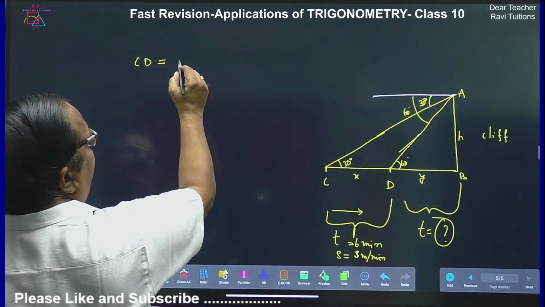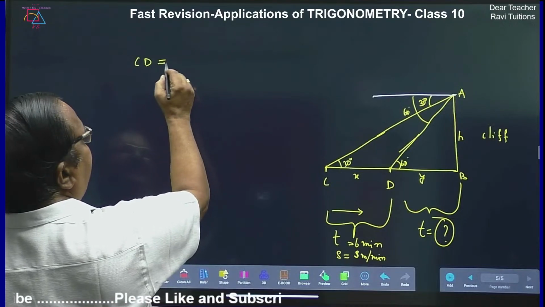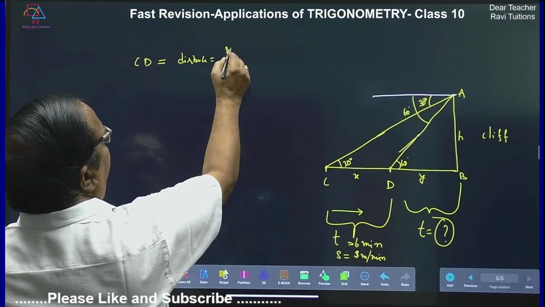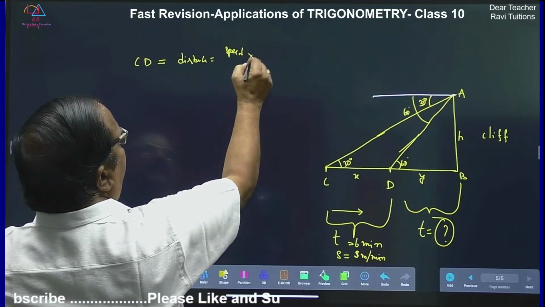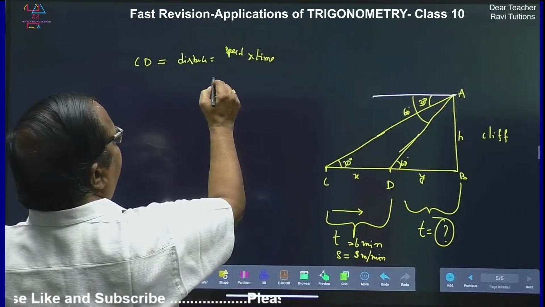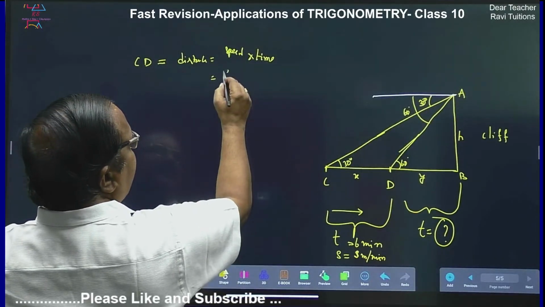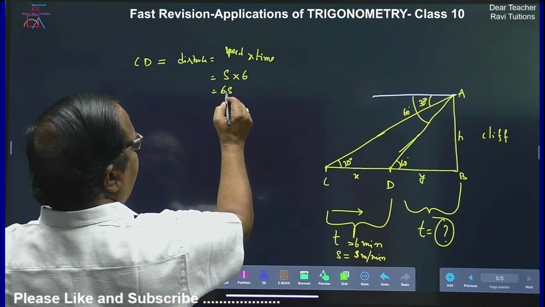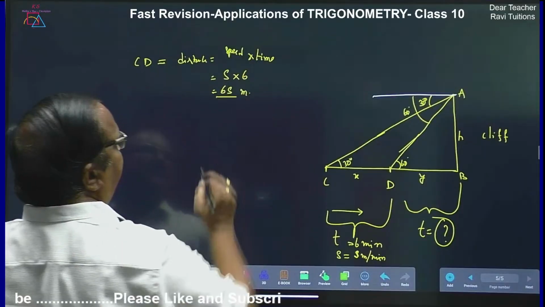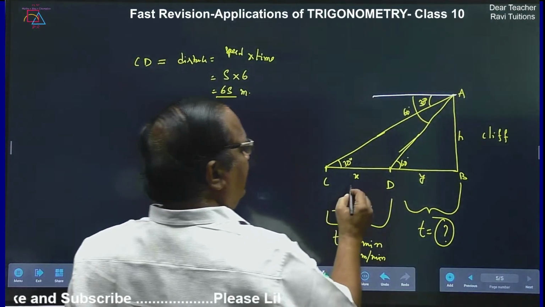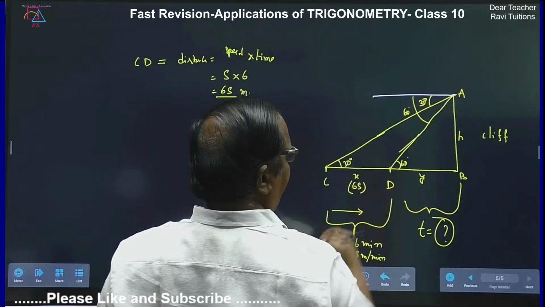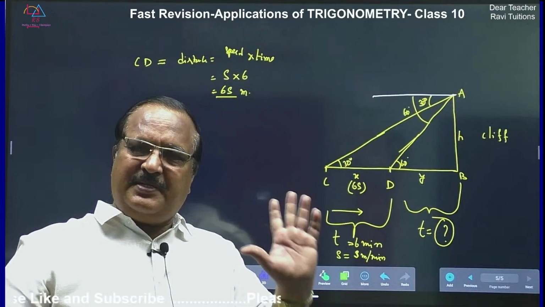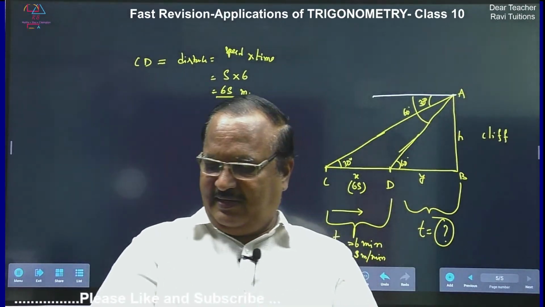CD is distance, which is equal to speed into time. Speed is s, time is 6. So that means 6s meters. So we got this is 6s meters. Remember that it is a constant, a numerical value.